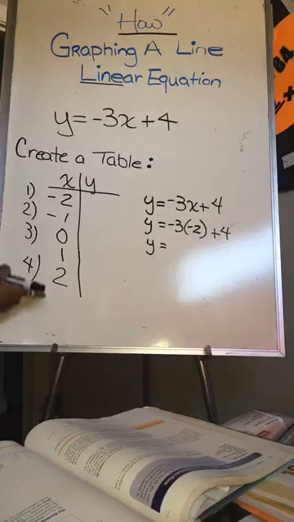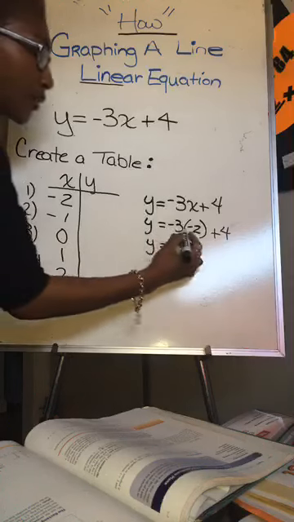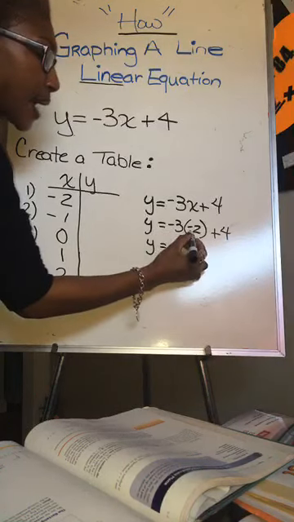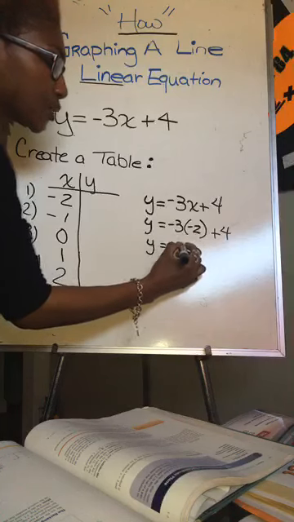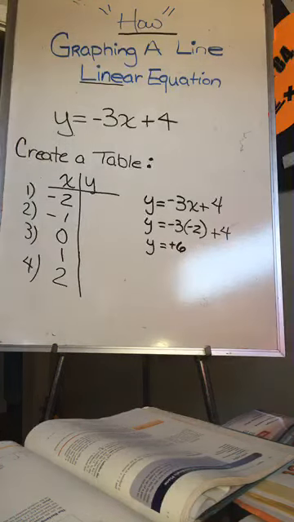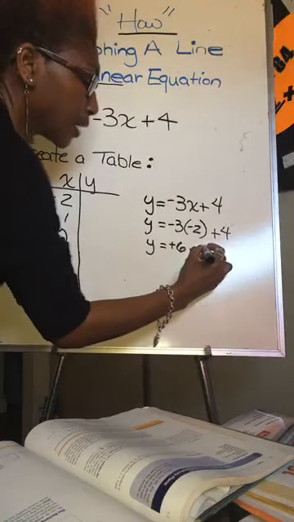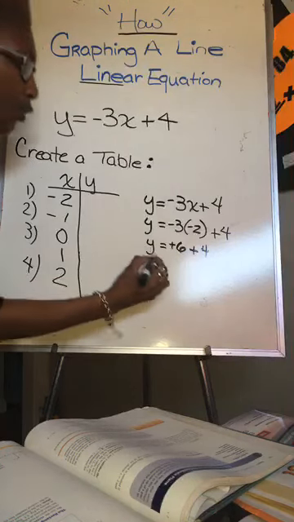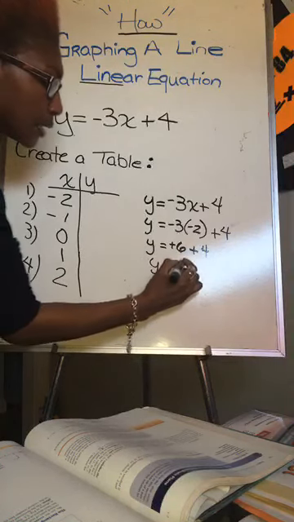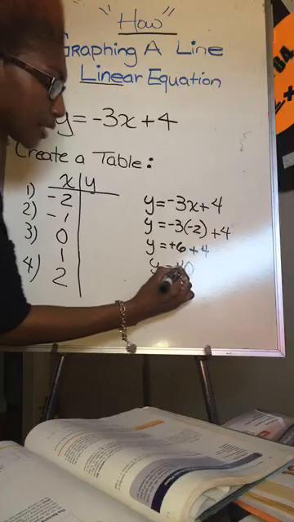Okay, so I gave you these x values. All right, so a negative times a negative gives you a positive. So 3 times 2 is 6. That's a positive 6. Bring down your plus and your 4. So 6 plus 4 is equal to a positive 10.